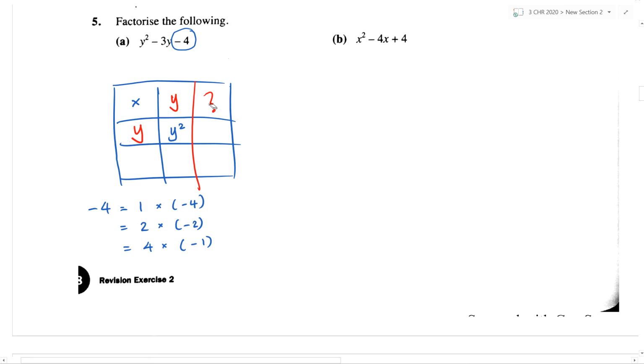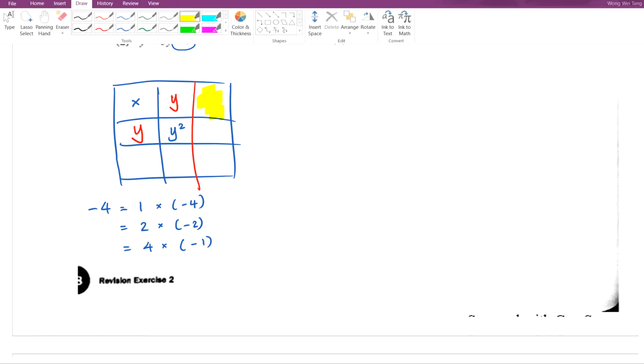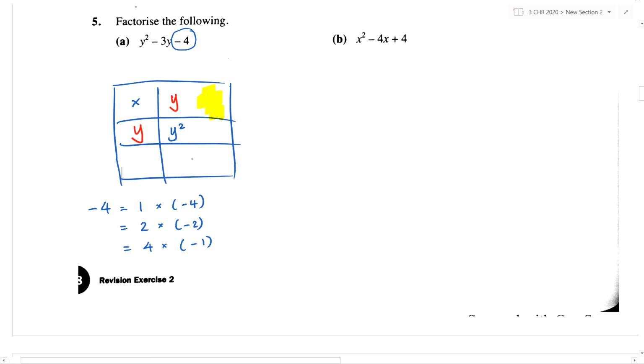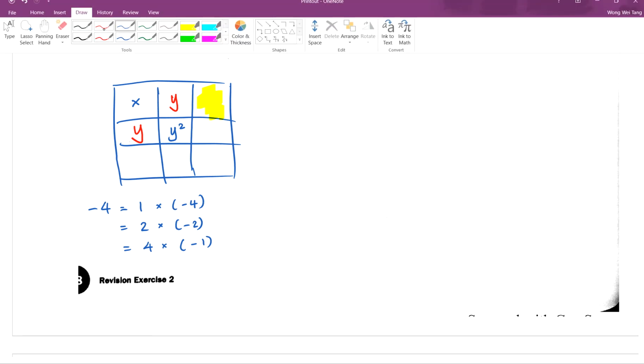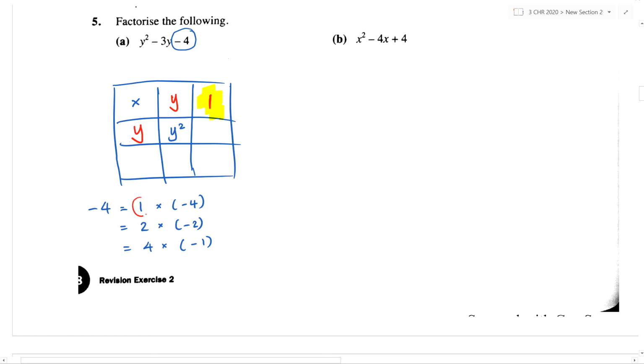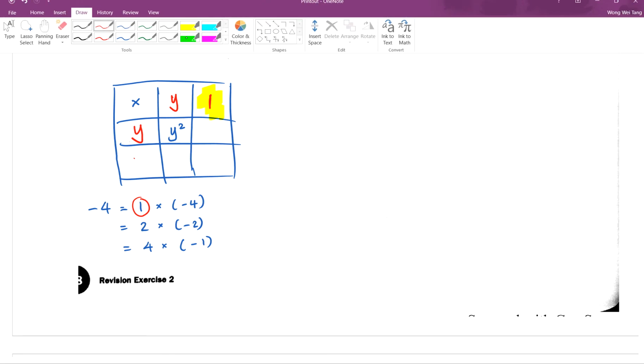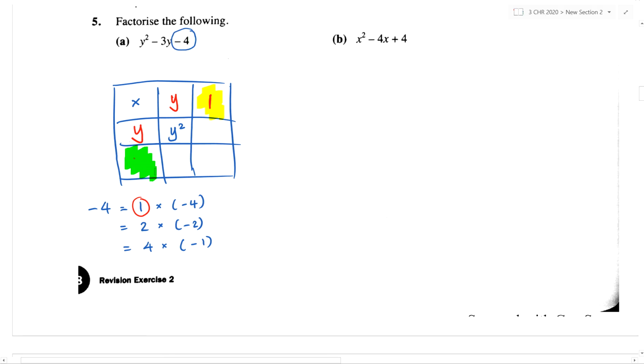Let's start with this top right hand corner in yellow. I have quite a number of choices to choose from. Okay, so the choices are 1, 2, 4 or -4, -2, -1. If I were to choose 1, then this box over here in green must correspond.